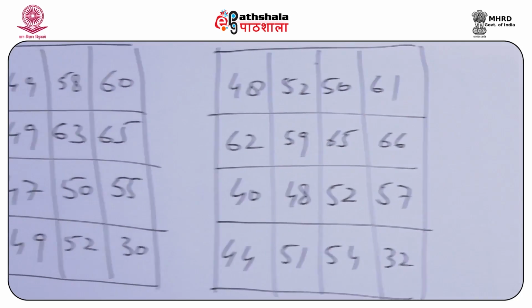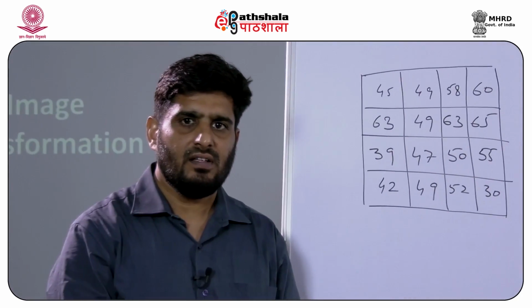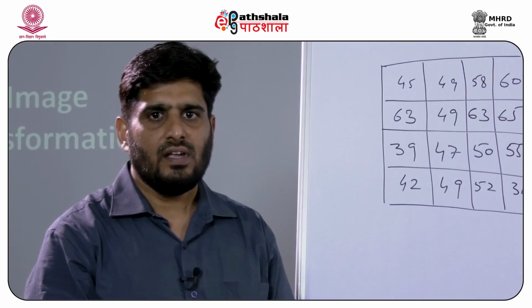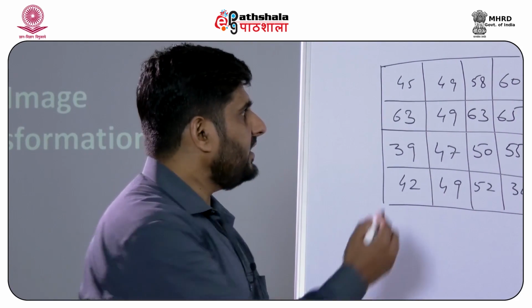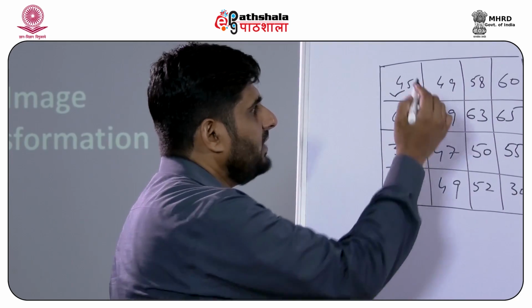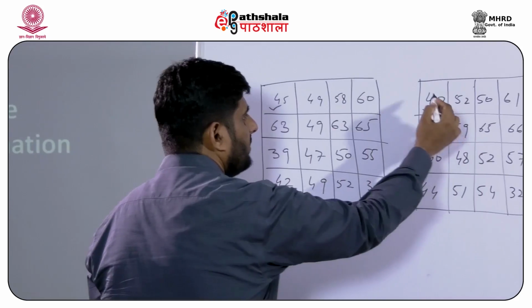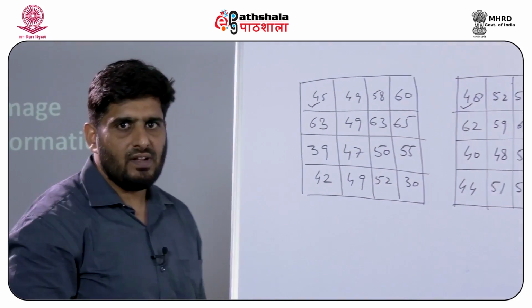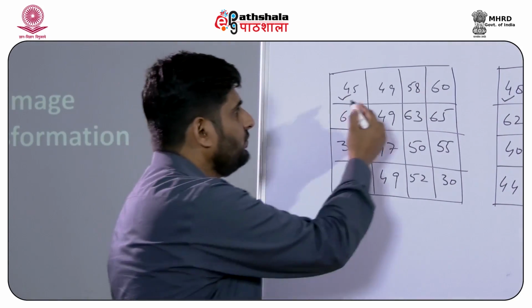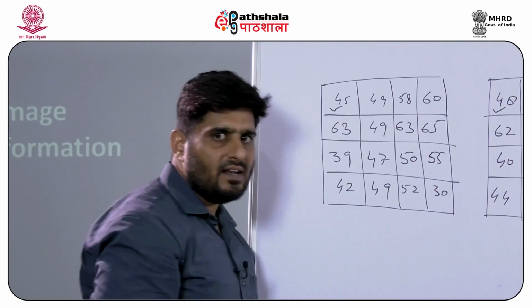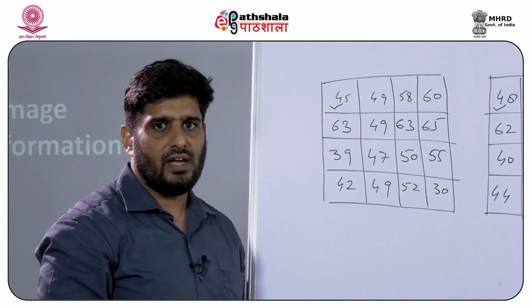Now, if we have to carry out, for example, averaging, then we will do that on a pixel by pixel basis. In that case, we will take each pixel in the first band or the first image, and then the corresponding pixel of the second band or second image. We will take the average of these two values, which may come out as a fraction, but that we can convert into an integer.